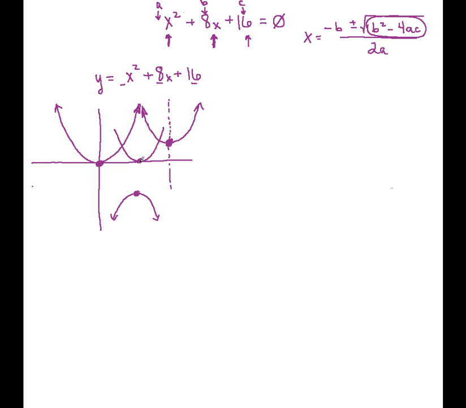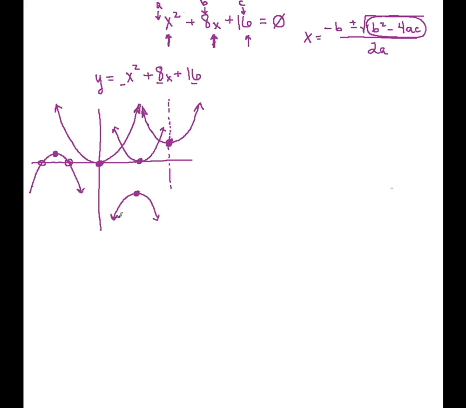There's only one place where it just touches the x-axis before it changes direction and goes back up. Now, we can also have a parabola that looks like this. Now the vertex is up here where it changes direction, but there are two locations where it crosses the x-axis. However many times it crosses the x-axis, it's going to be 2 times, 1 time, or no times.